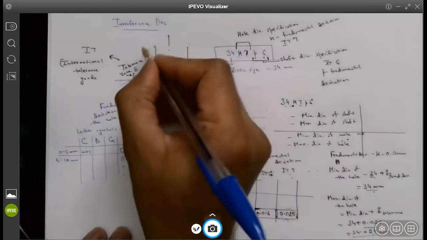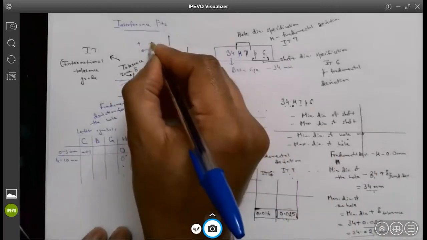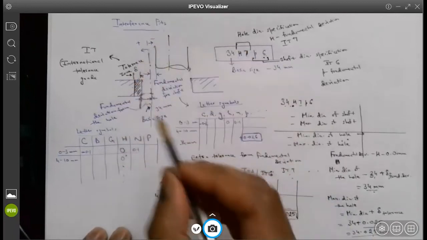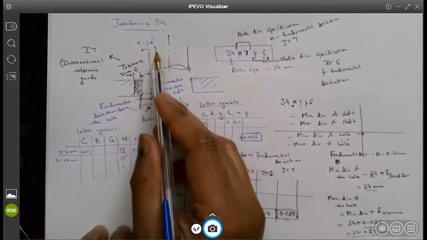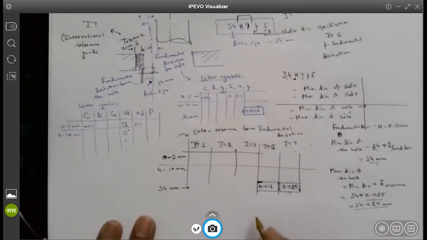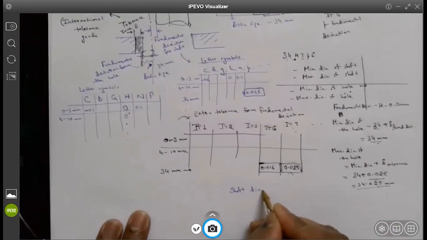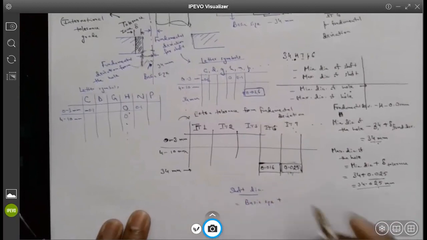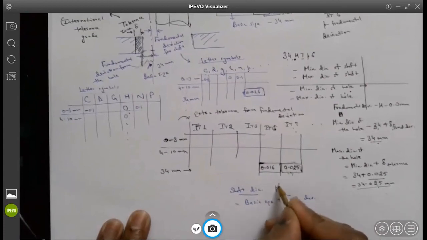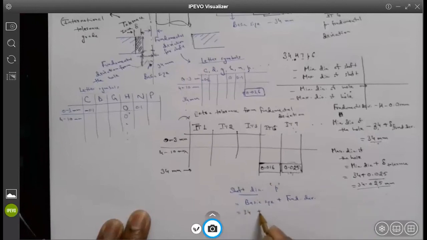This is the amount of fundamental deviation that my shaft is going to have. Plus means this is plus for the shaft. So the shaft diameter is going to be the basic size plus the fundamental deviation given by letter P. So 34 millimeters plus 0.026 is the minimum diameter of my shaft.